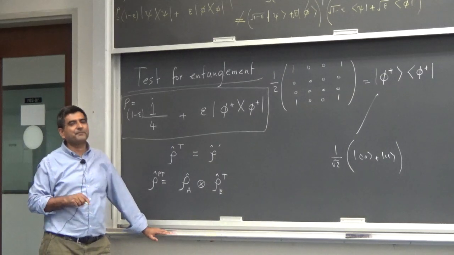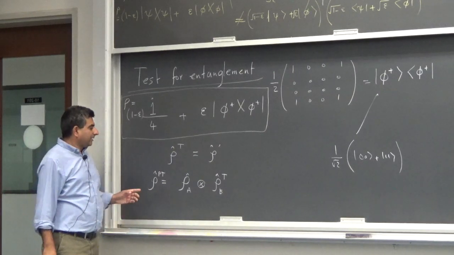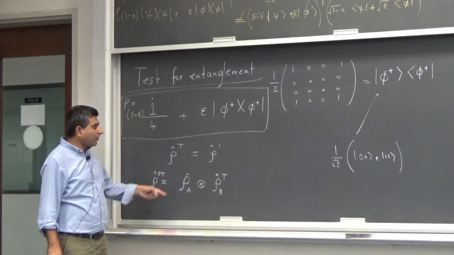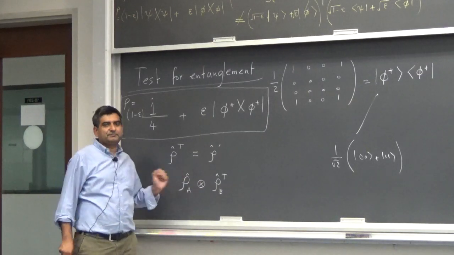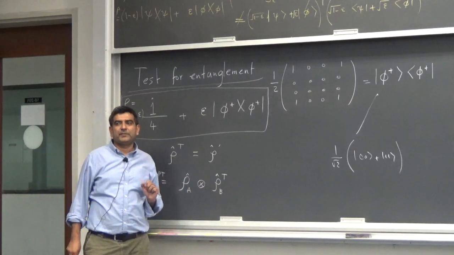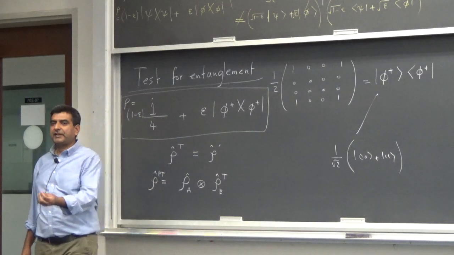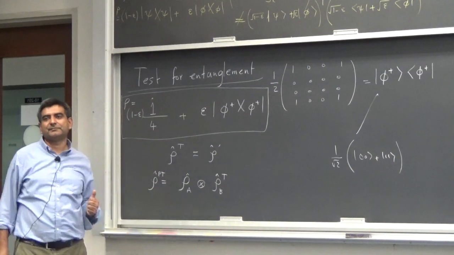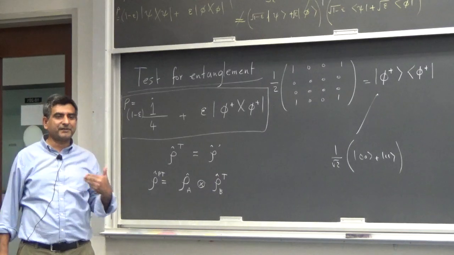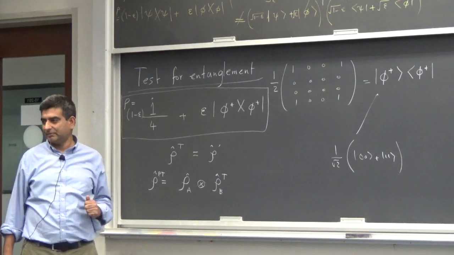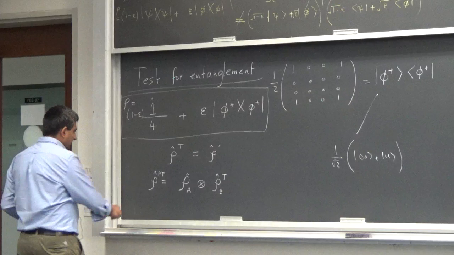Let me rephrase this. If the act of partial transposition keeps a density matrix a legitimate density matrix, then the density matrix is separable. Okay? So let me give you an example.